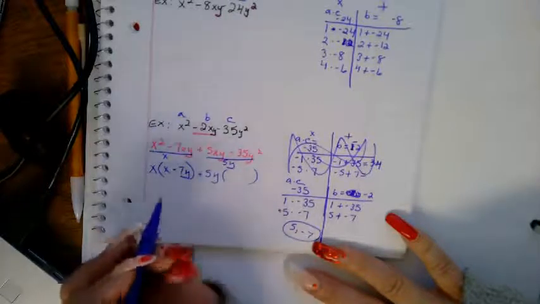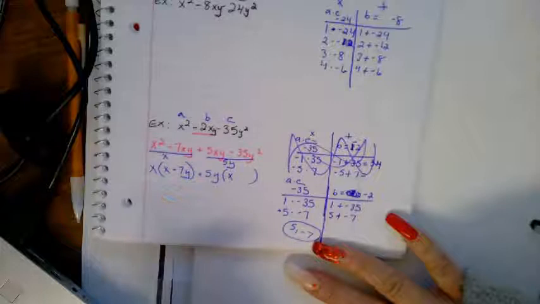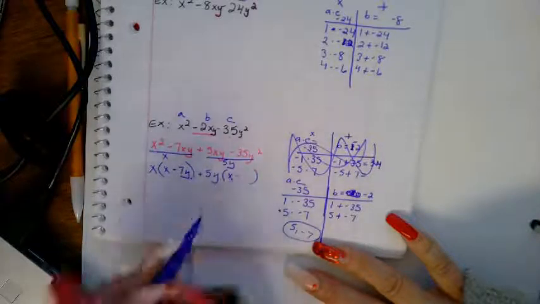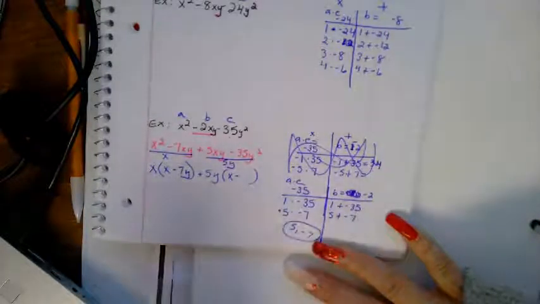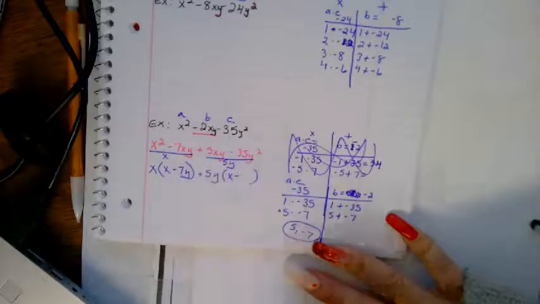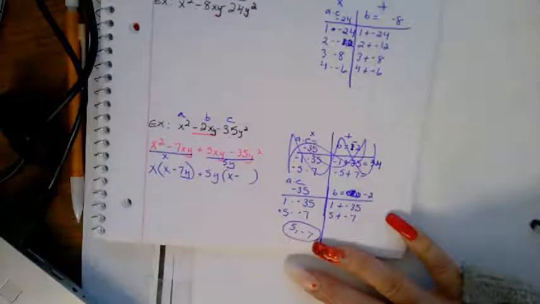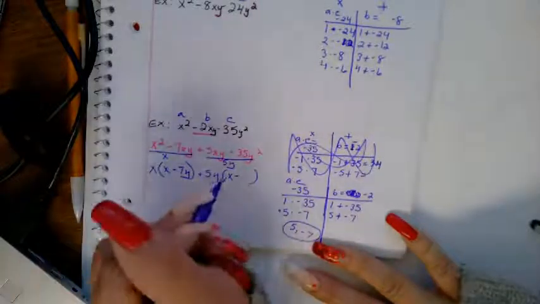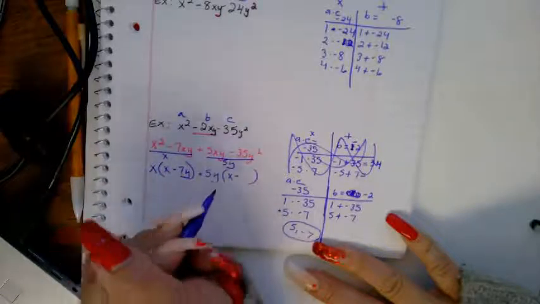Yes, I did that right. Okay, negative 35y squared divided by a 5y would give us a 7, just a 7. Yeah, we're good. No, 7y, sorry, because it's squared, my bad.